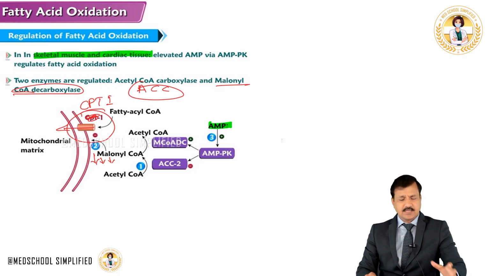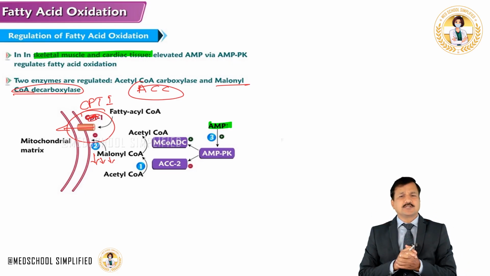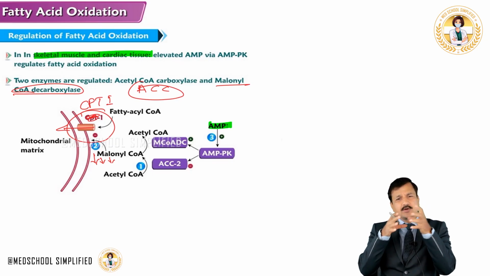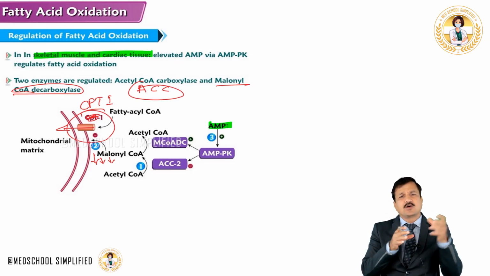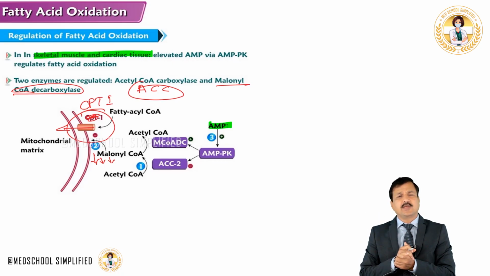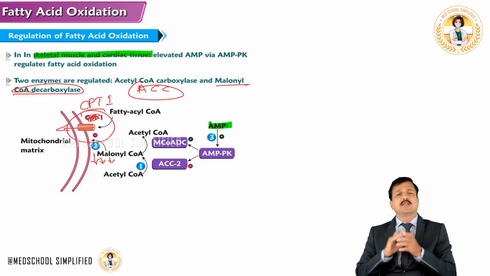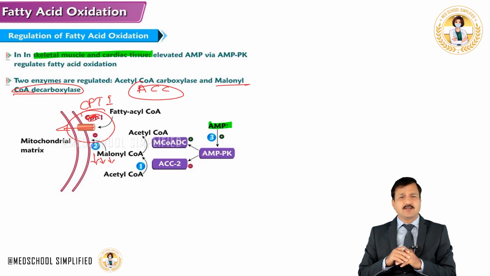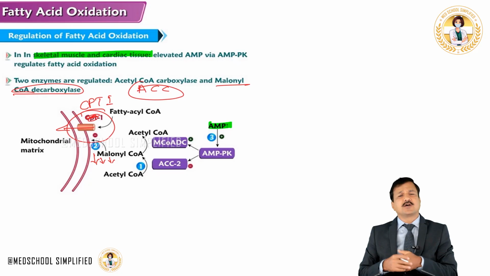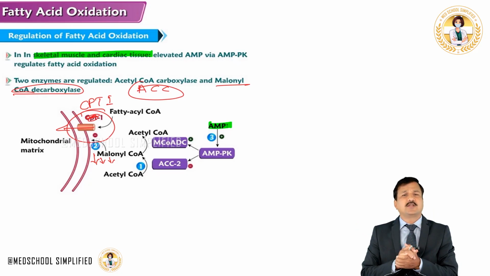So like this, the regulation of beta oxidation of fatty acids is all centered around malonyl-CoA concentration and its effect on CPT1. Anything that increases the concentration of malonyl-CoA will decrease beta oxidation, which is done by insulin under fed condition. And anything that decreases the malonyl-CoA concentration will increase beta oxidation, because CPT1 will be free to work.